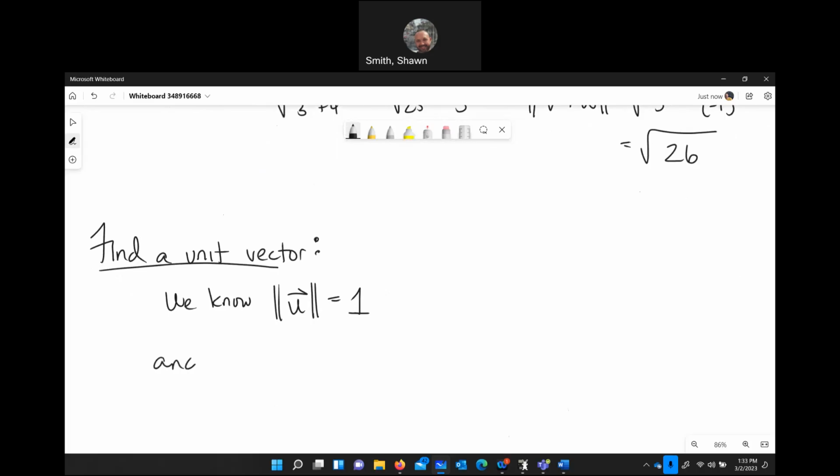And the unit vector u has the same direction as a given vector v. We're just taking this vector v and shrinking it down. That's all we're doing.